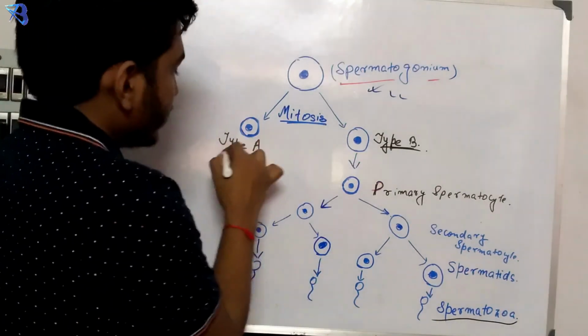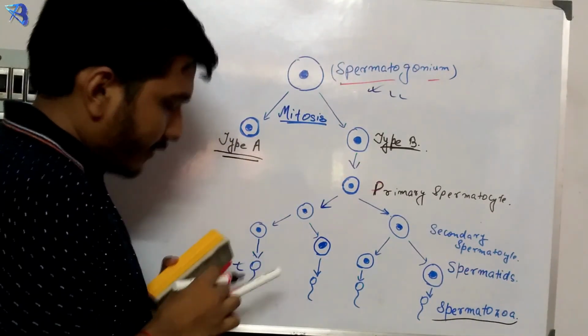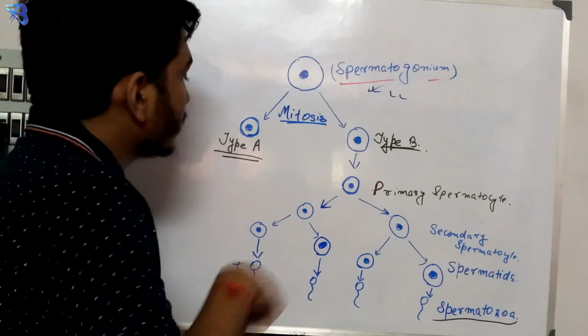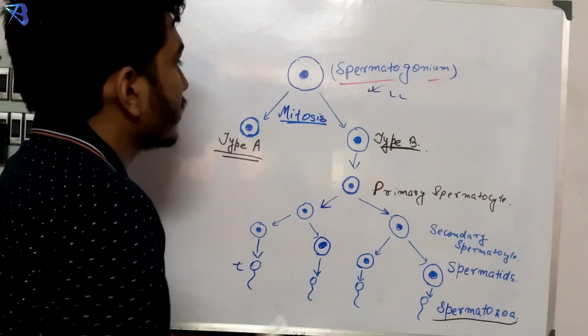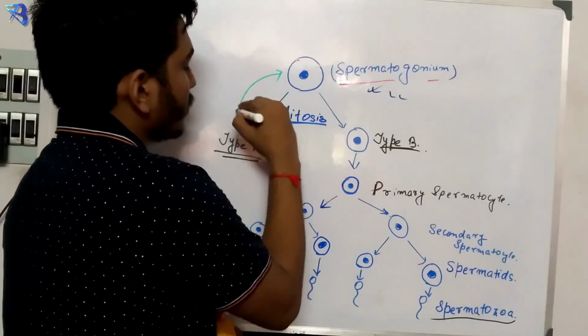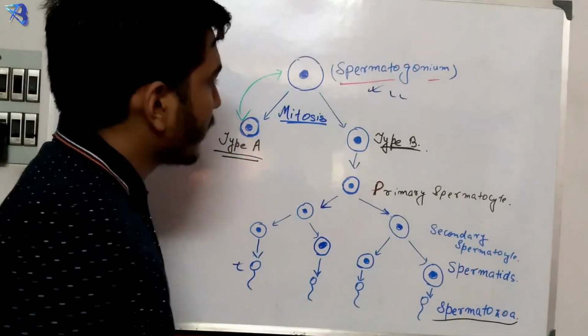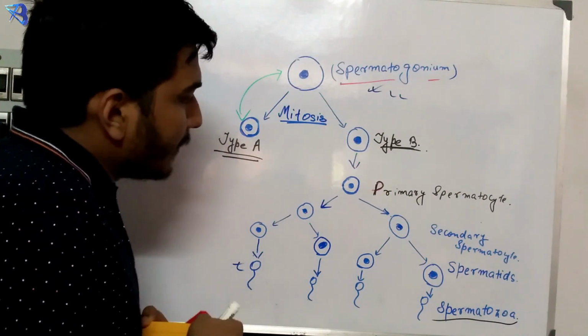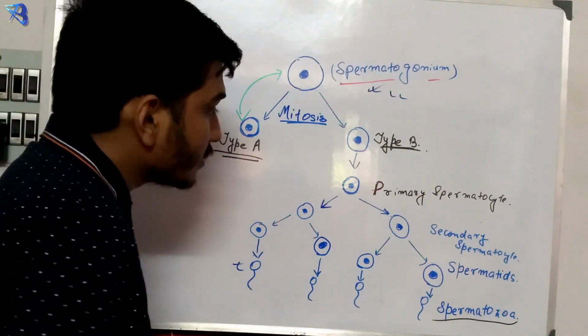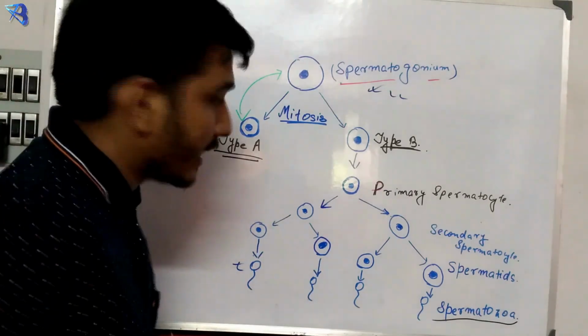These type A cells again return back to the position of spermatogonium. Now type B cells undergo the process of mitosis again to form primary spermatocytes.